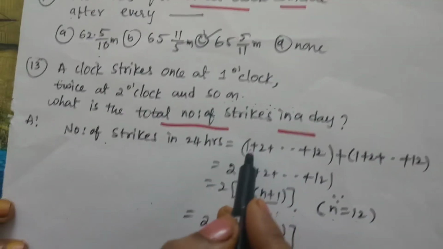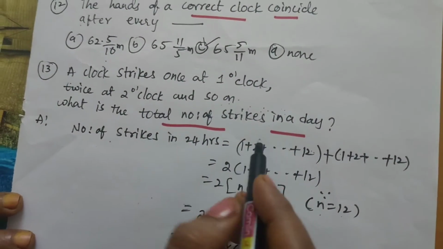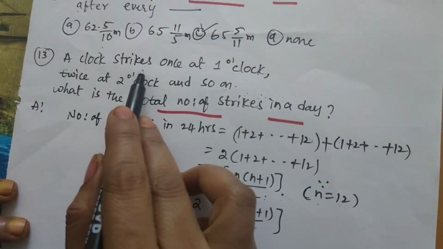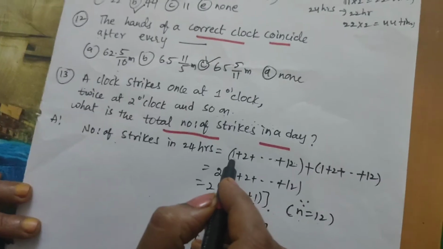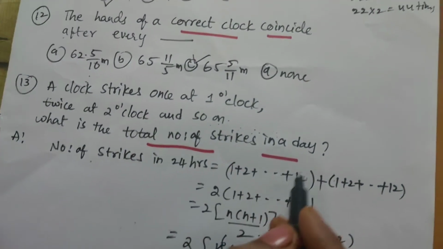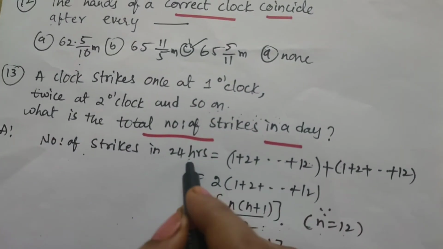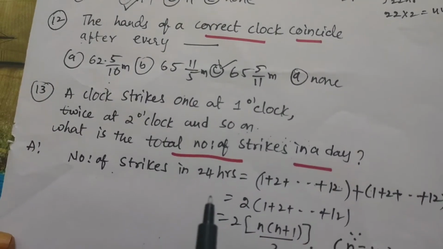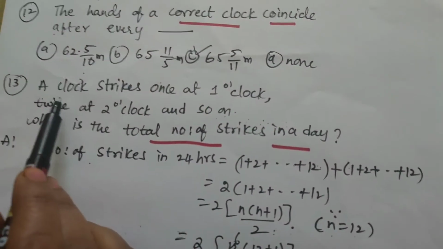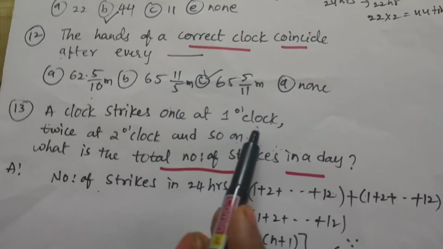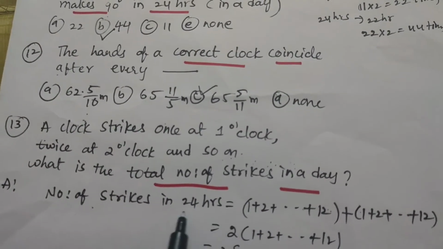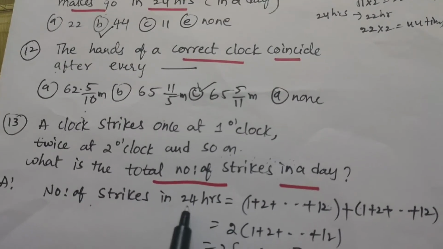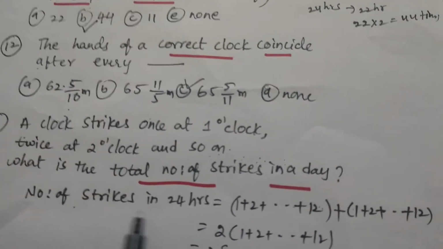The clock strikes once at 1 o'clock, twice at 2 o'clock, like that up to 12 o'clock, 12 times.